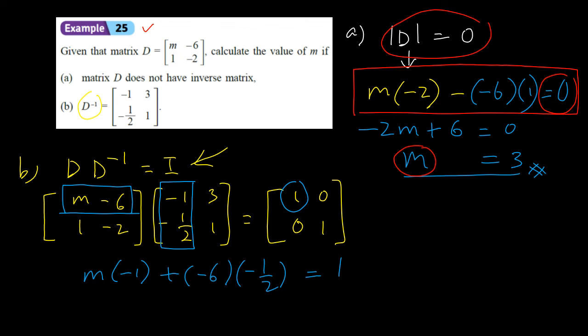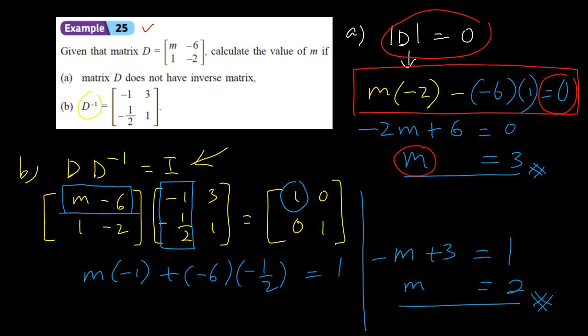So what do you get? You'll get -M plus 3 equals 1. So your M becomes 2. So once again, you got your M. Question A and B are different questions. They don't connect to each other.